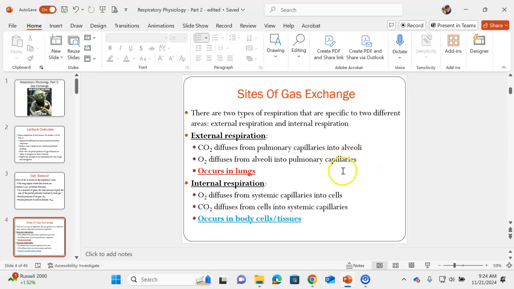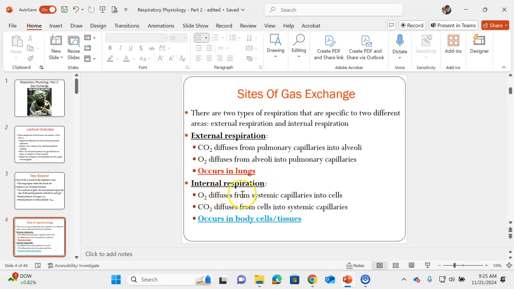That's the exchange. The lungs give oxygen to the blood, and in exchange, again, blood gives CO2 to the lungs. Because remember, the only way that we can get oxygen into the bloodstream is to inhale. The only way to eliminate CO2 from the body is to exhale. Okay, so that's external respiration, or gas exchange in the lungs.